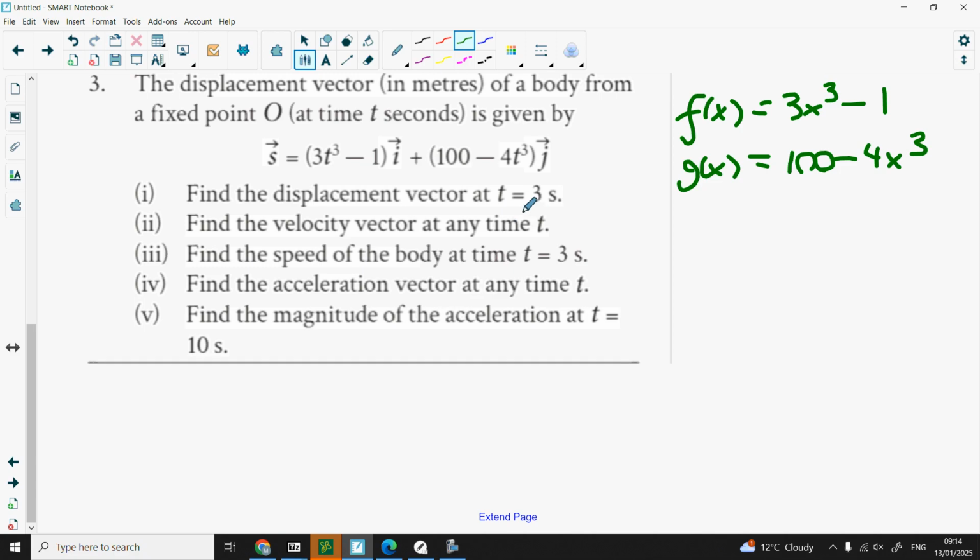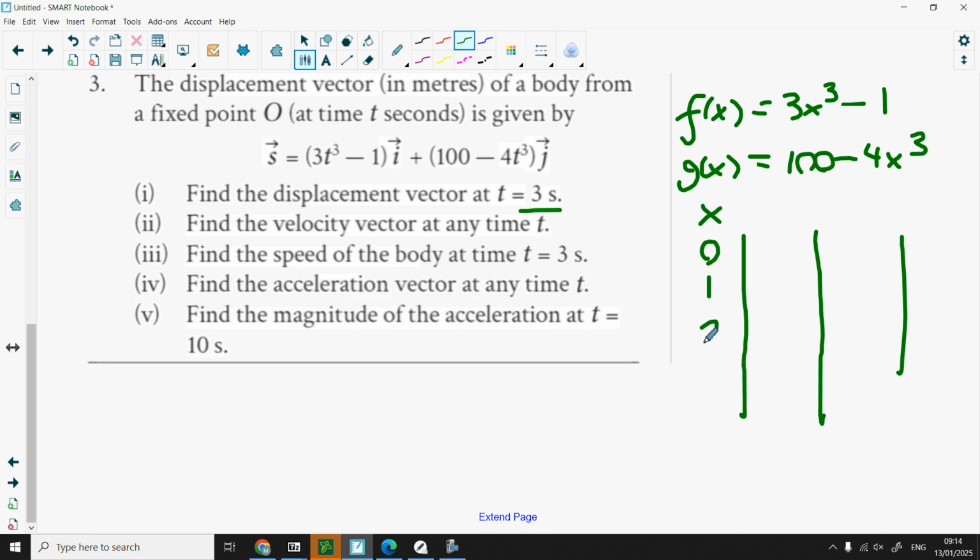So for argument's sake, for the answer after 3 seconds, your calculator will show x values of 0, 1, 2, and 3, and then you'll have f(x) here and g(x) here. For f(x), sub in 3. So it's going to be 3 times 27 take away 1, which is 80.